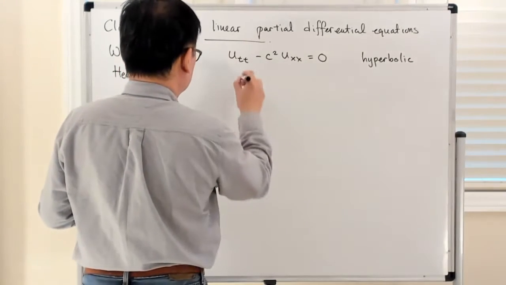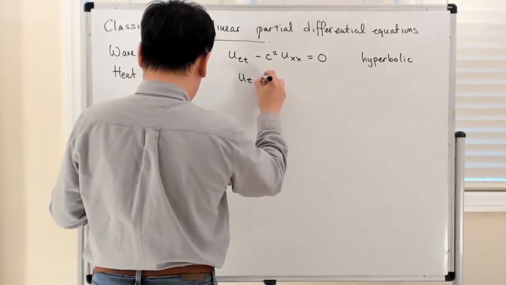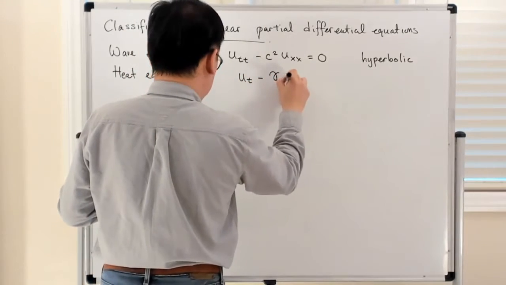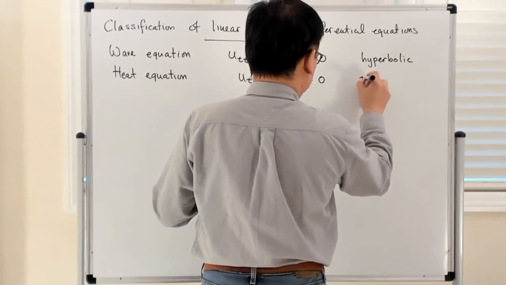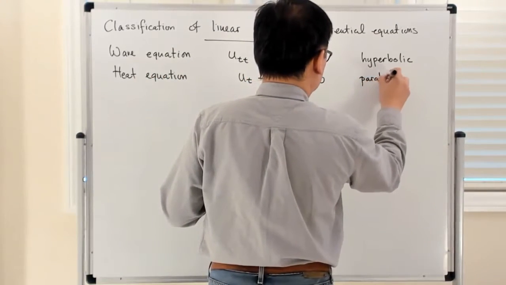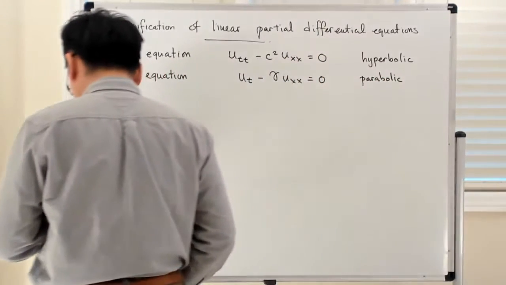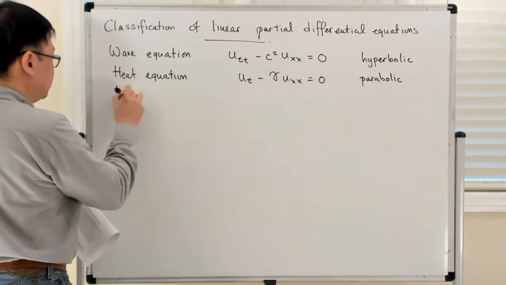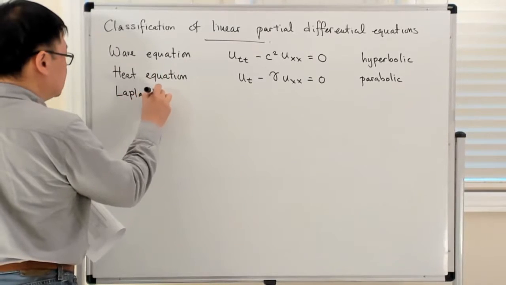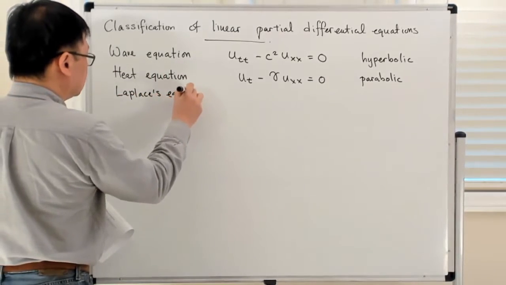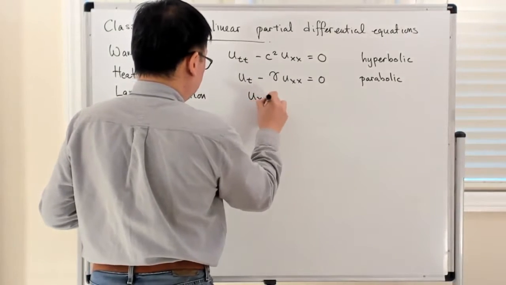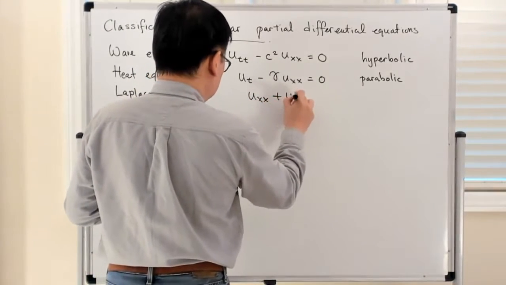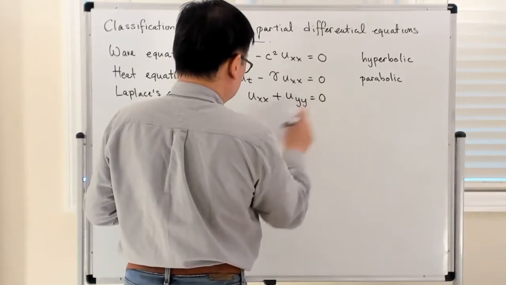Okay, so that looks like u_t minus gamma u_xx is equal to 0. So this is a parabolic equation. Then there's Laplace's equation, which looks like u_xx plus u_yy is equal to 0.